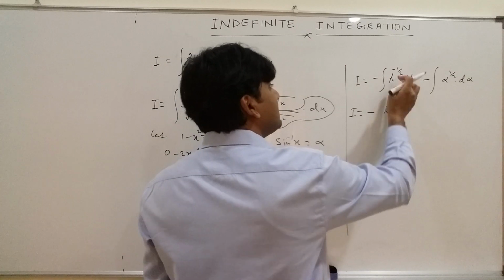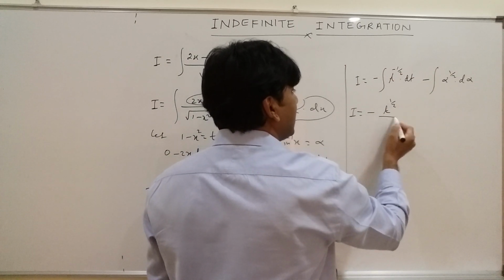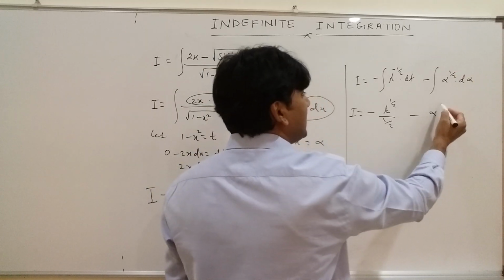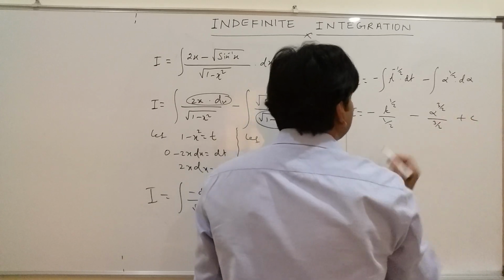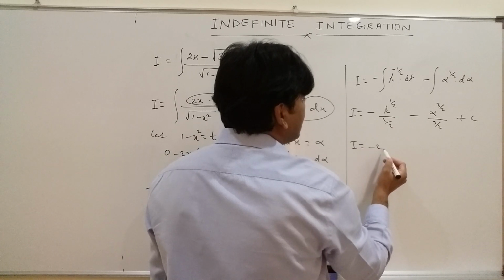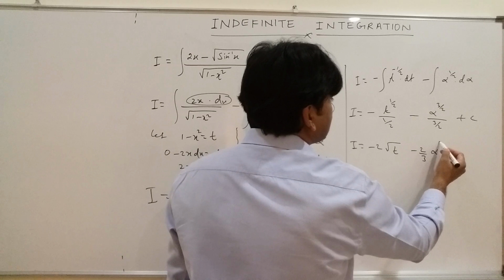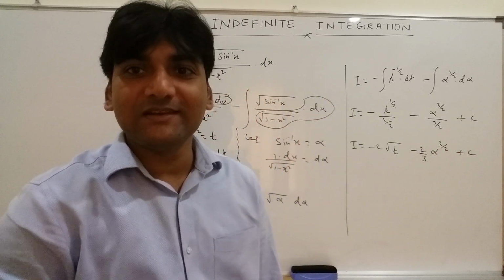So this minus half plus 1 is half, over half, then this is minus alpha raised to half plus 1, which is 3 over 2, over 3 over 2, plus c. So what we got? We got I equals minus 2 root t minus 2 over 3 alpha raised to 3 over 2 plus c. But this is not our final answer.